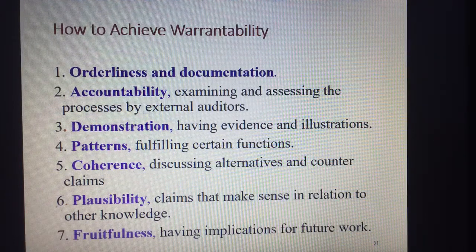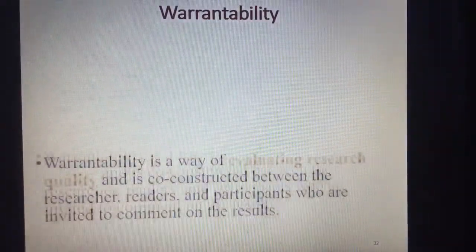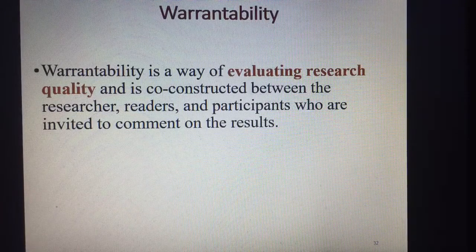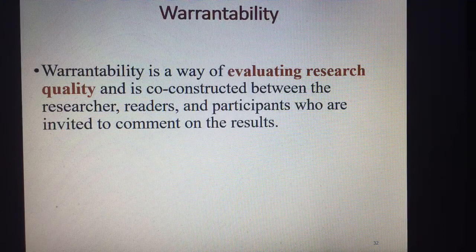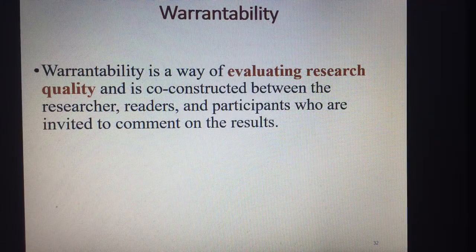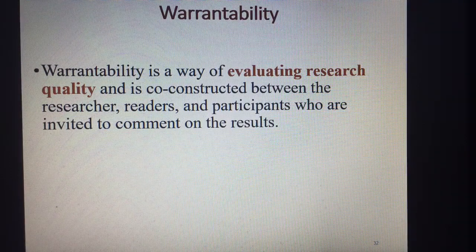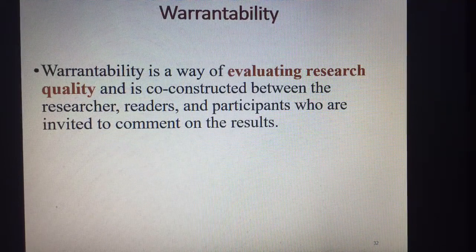And finally, fruitfulness, having implications for future work. So what is warrantable? It's a way of evaluating research quality and is co-constructed between the researcher, the readers, and the participants who are invited to comment on the results. So you ask the participants to comment on the results and see what they think of them.